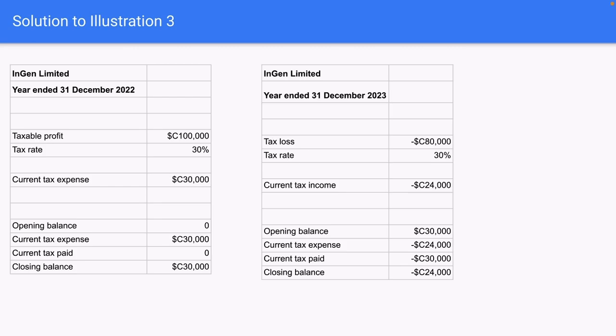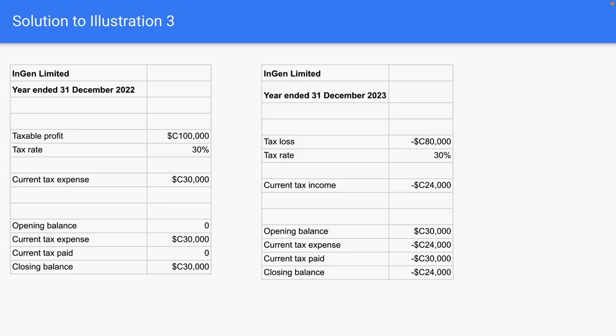What it means is that this 24,000 can be recovered from the government if you have incurred more than 24,000 current tax in the past. And you can see that in 2022, 30,000 has been incurred. So this 24,000 is recoverable.